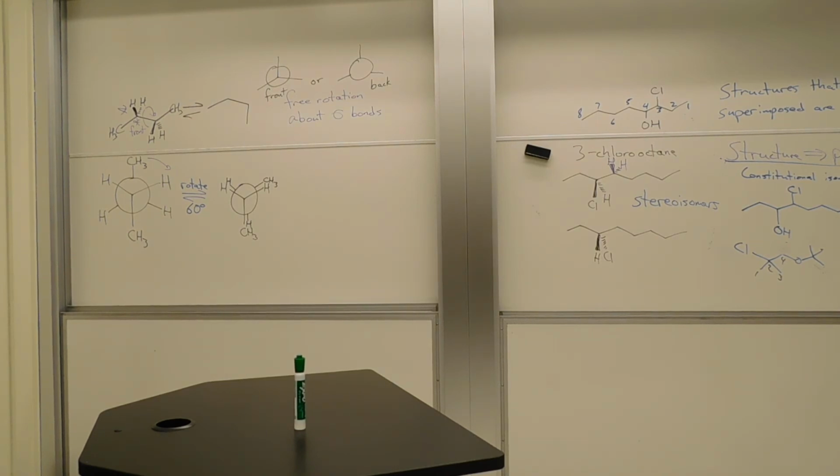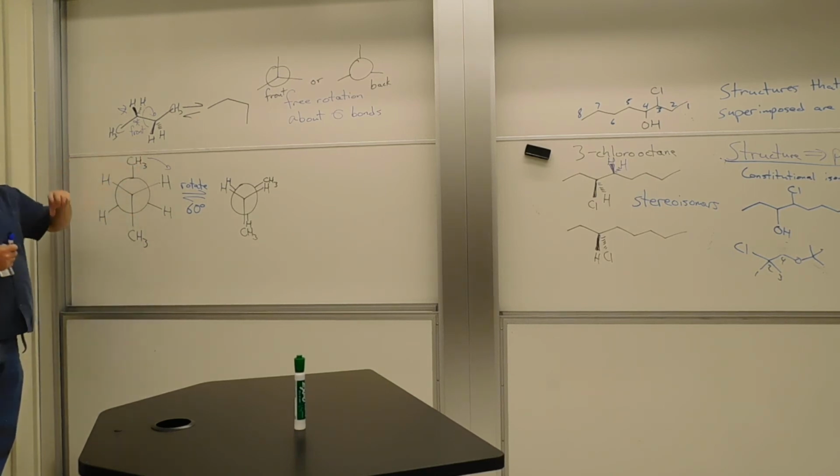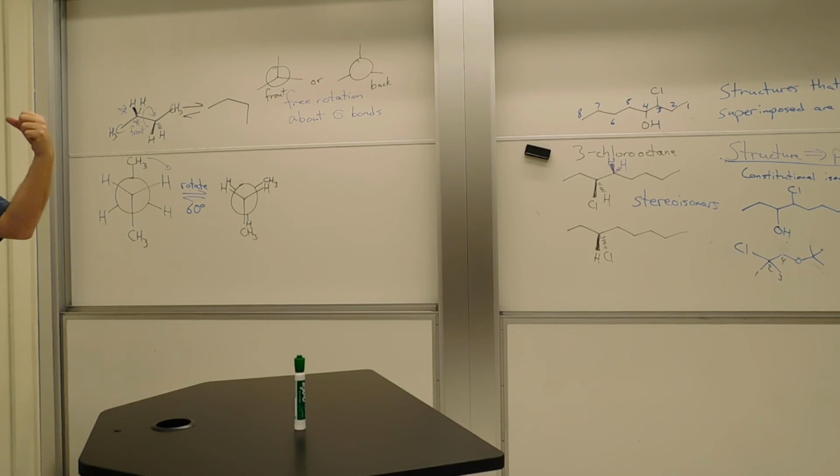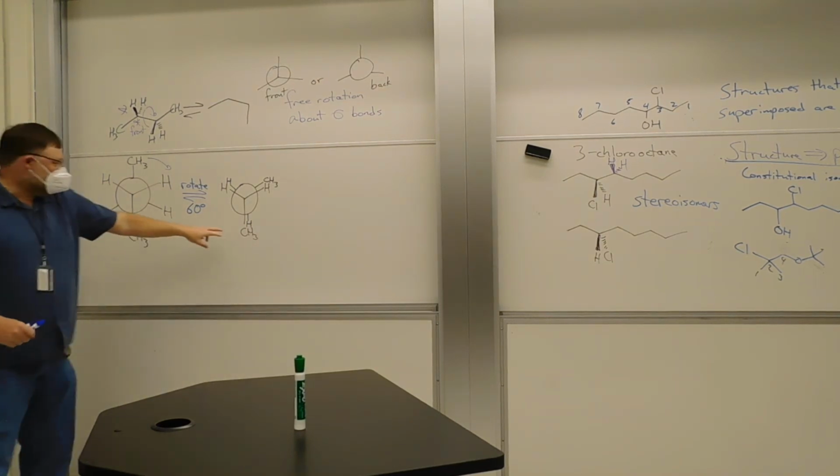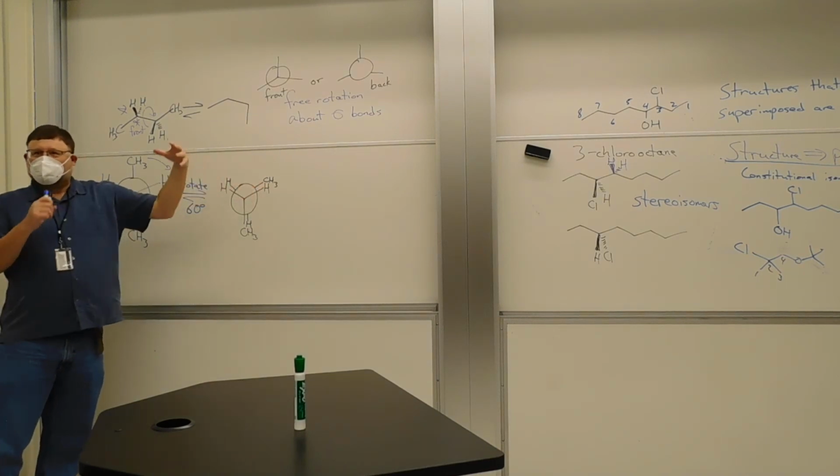So if two atoms are not going to bond with one another or have a hydrogen bond or a van der Waals interaction or something like that, you don't want to have them together. They're going to clash. In this first one, we've got the two biggest groups, the two methyls, as far apart as we can get them. In the second, each methyl is conflicting with an H.